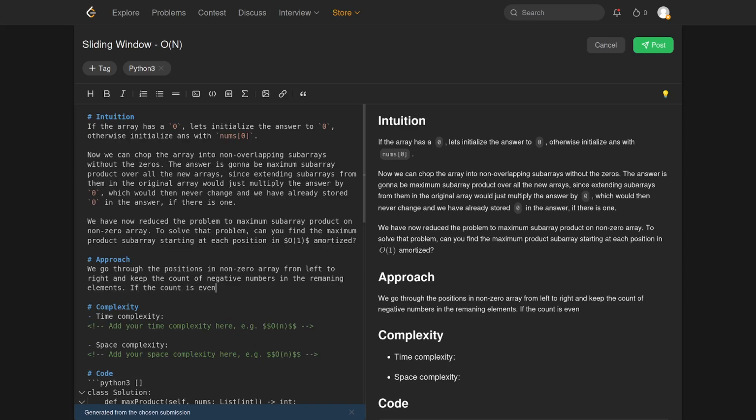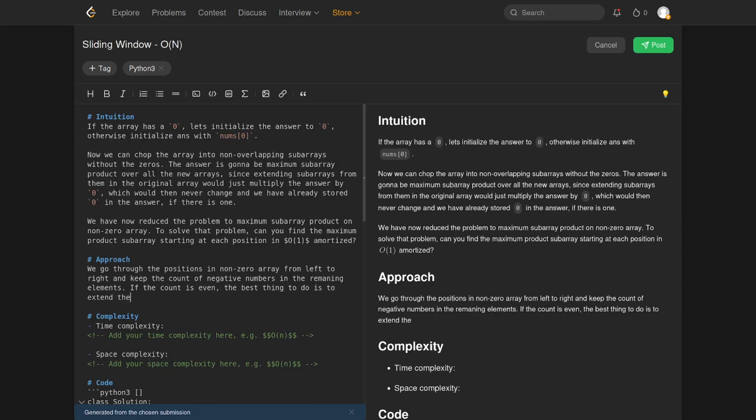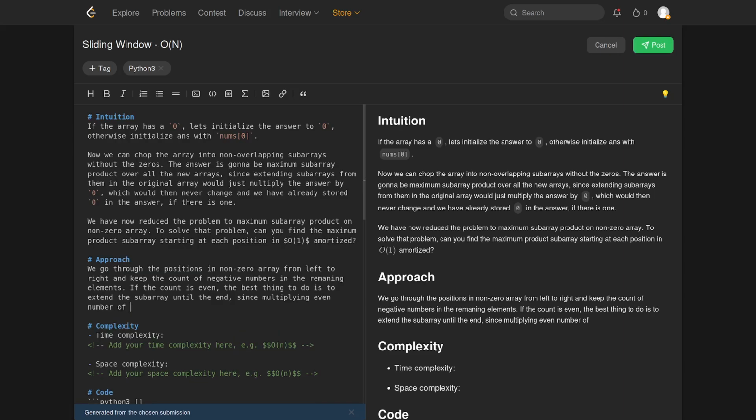If the count is even, the best thing to do is to extend the subarray until the end, since the product of even number of negative numbers is positive.